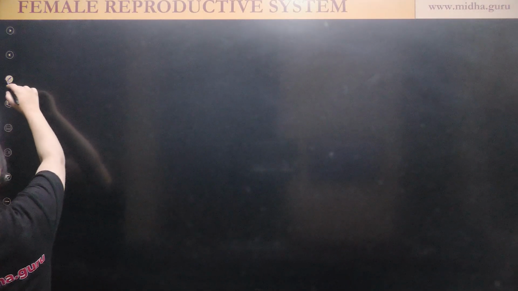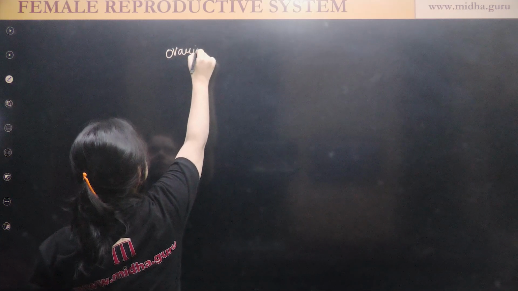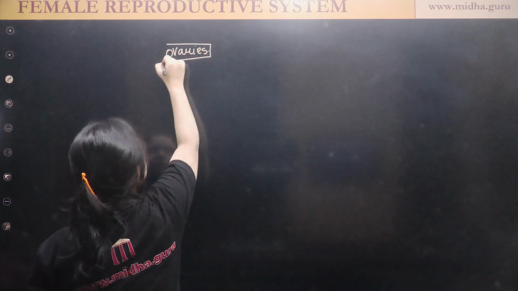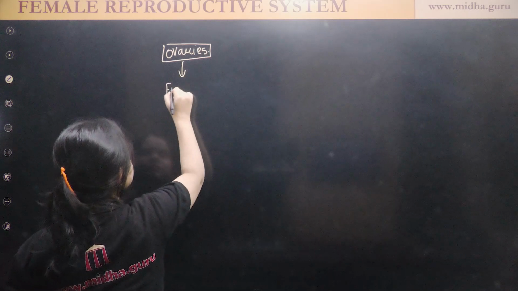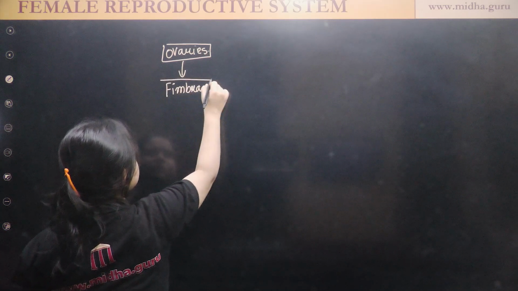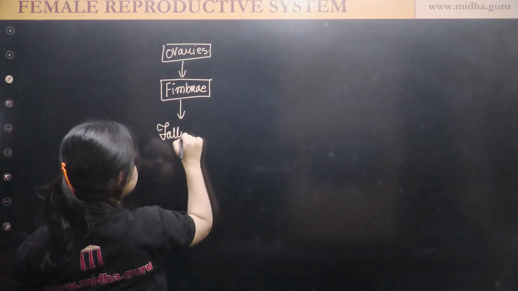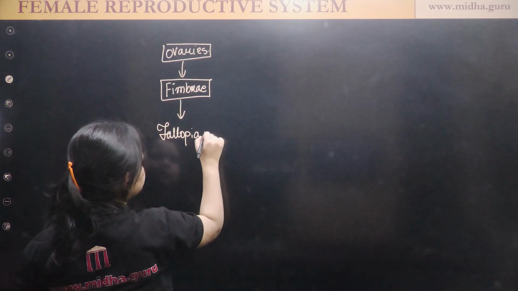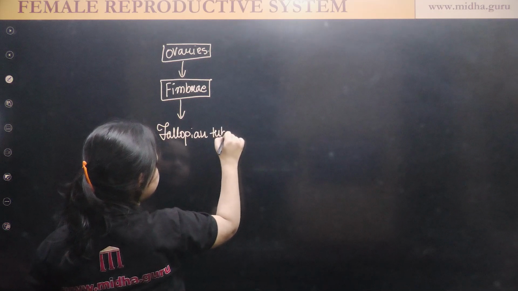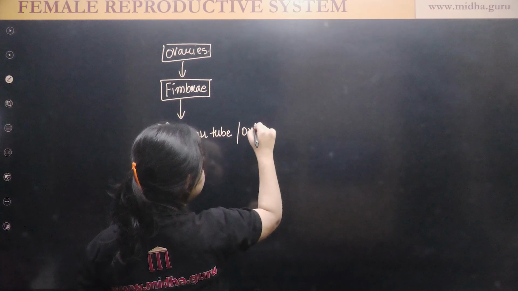So let's start from the ovaries. Then we have the fimbriae. Next is the fallopian tube, or we can say oviduct.